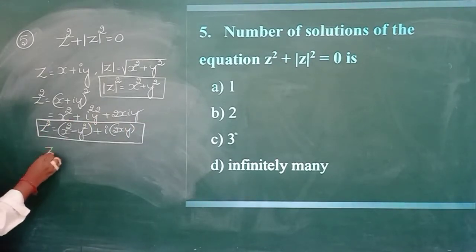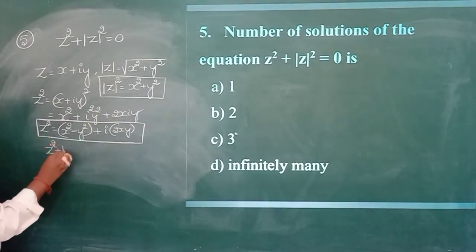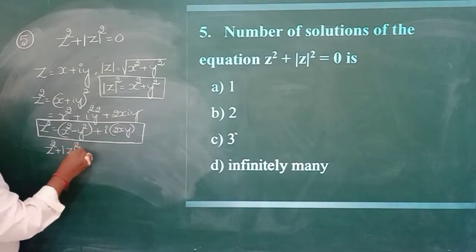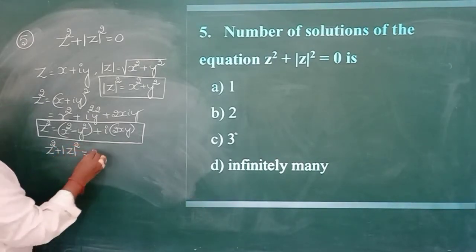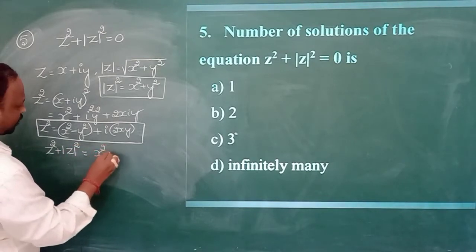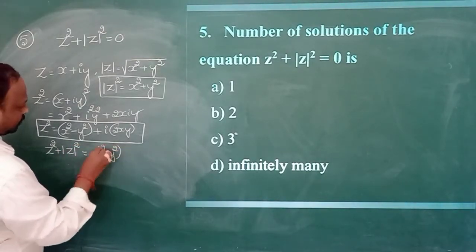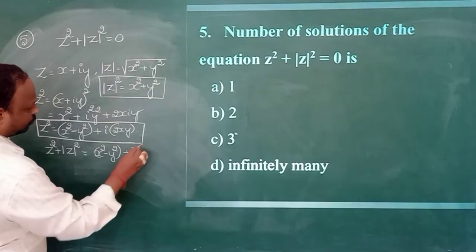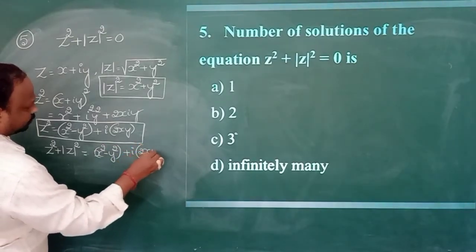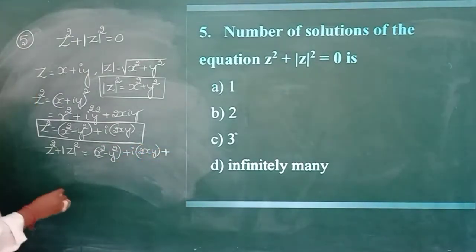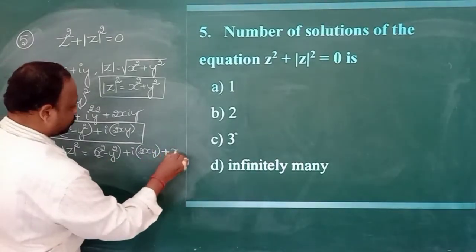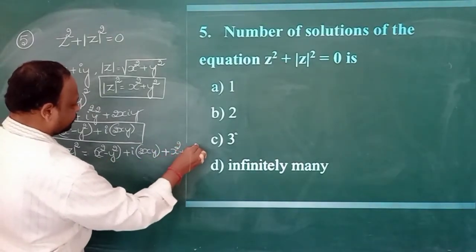Now the given equation z square plus mod z square becomes, z square is x square minus y square plus i into 2xy, plus mod z square is x square plus y square.